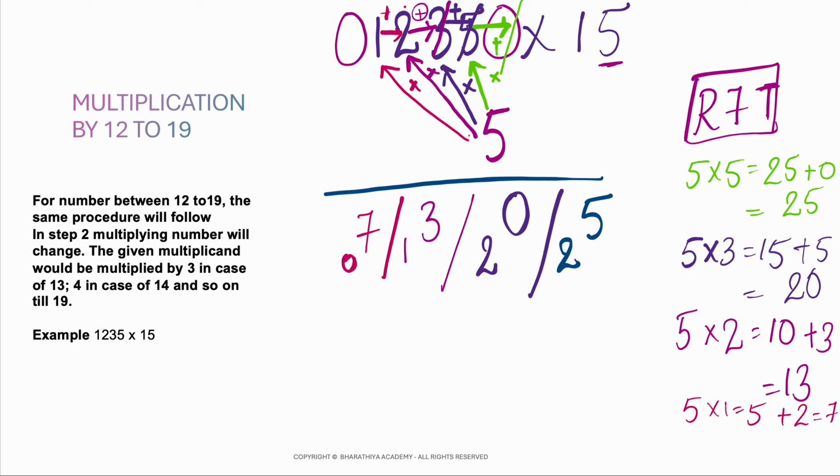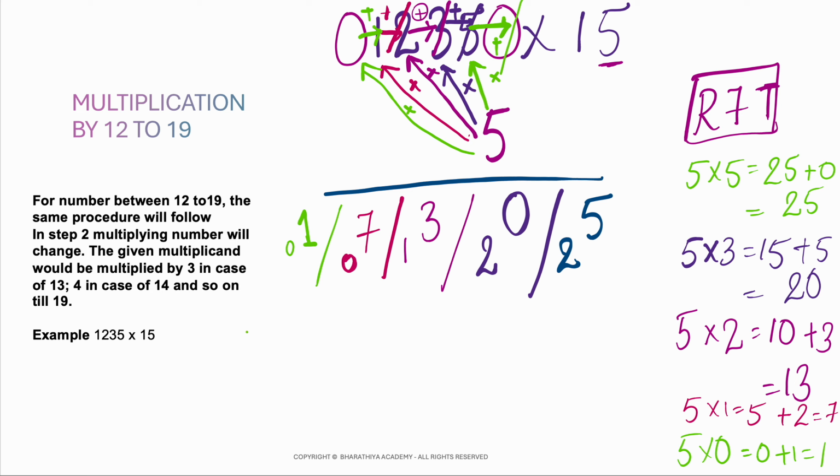So after we do that, we'll strike off this number. Okay. And then the last step, 5 into 0, and then add it with the 1. So 5 into 0 is nothing but 0, plus 1 is 1. So 0, 1. We write it here.